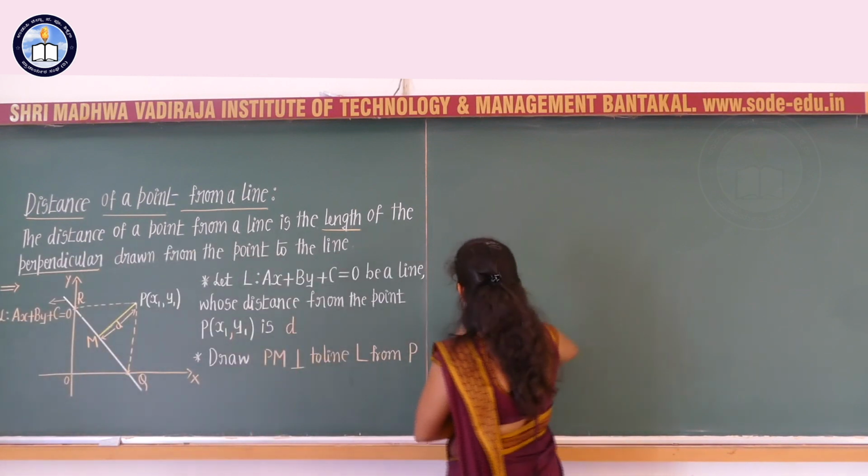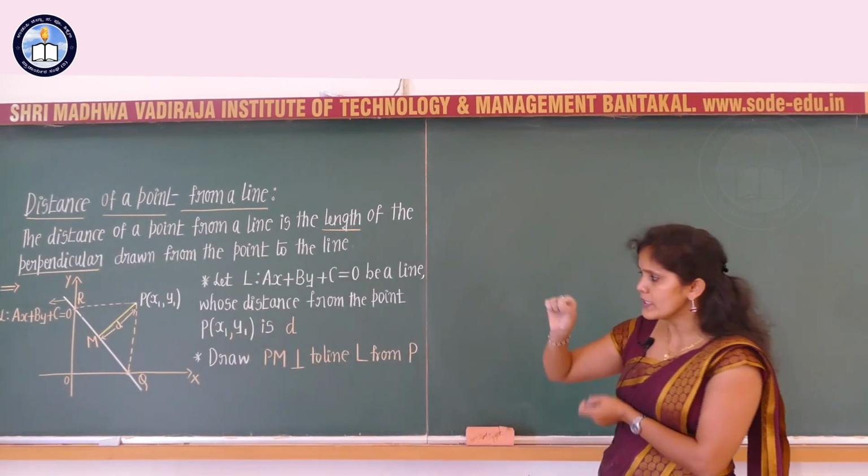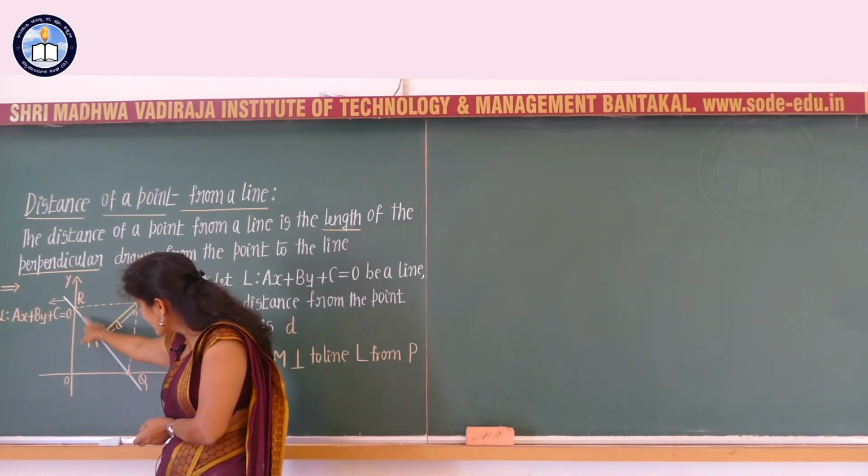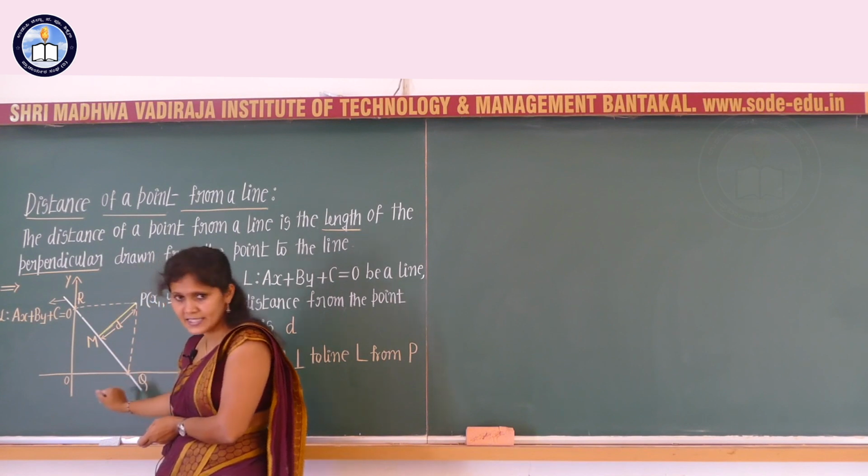How to get the coordinates of the points Q and R? At this point Q we have the intersection of the line L and the x-axis, correct?